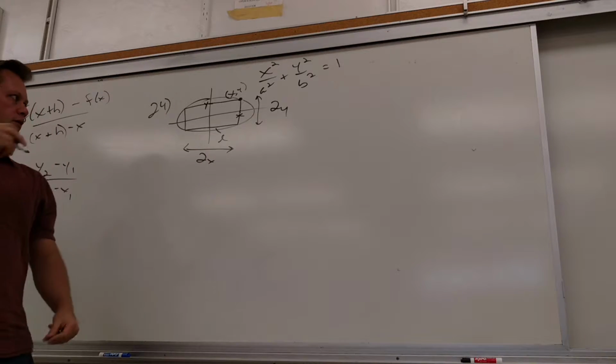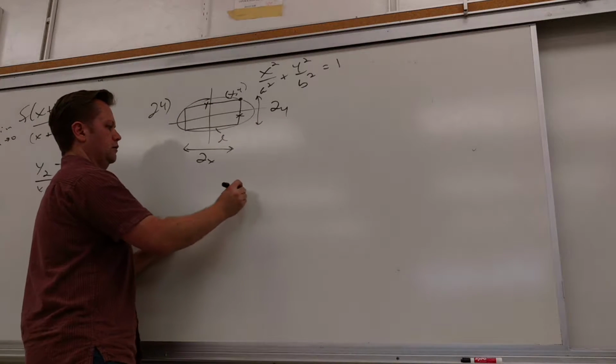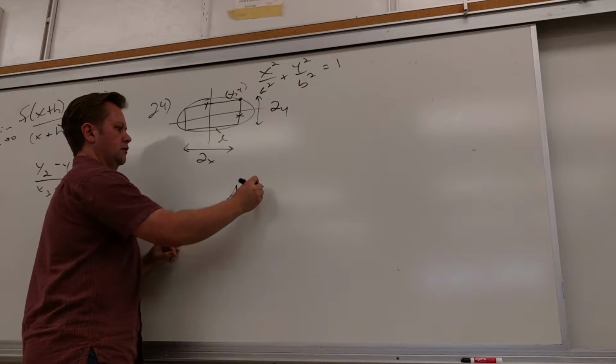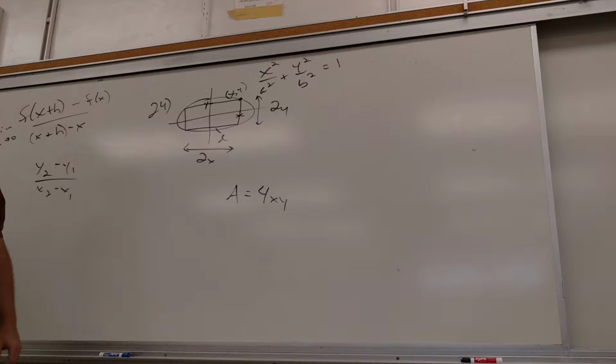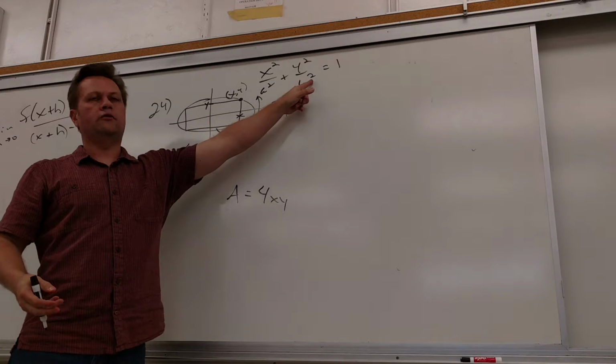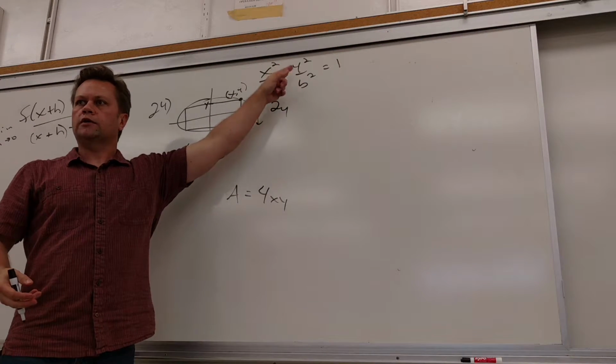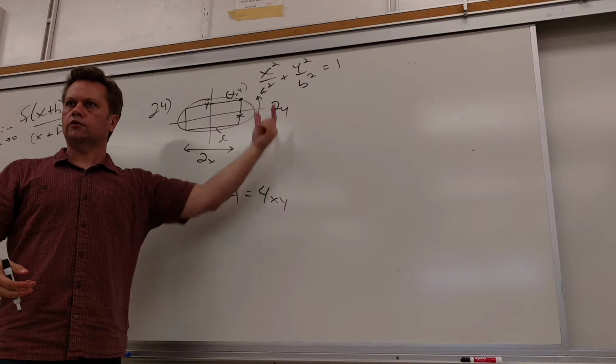What is the area here then? 4xy. I like it. Cool. So now you can see why I want it related to this, because now I can eliminate one of my variables.